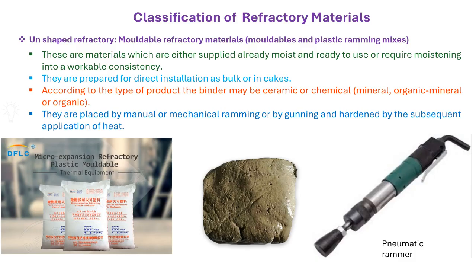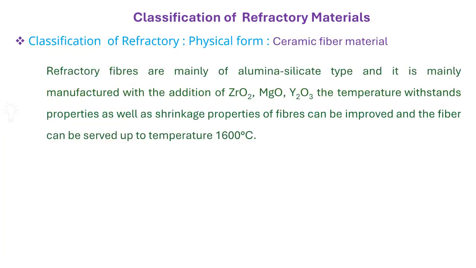Now let's take a closer look at ceramic fiber materials, one of the most innovative developments in modern refractory technology. These fibers are mainly made from alumina and silica, formed into lightweight strands. To boost their performance, modern ceramic fibers are often enhanced with additives like zirconia, magnesium oxide, or yttrium oxide.